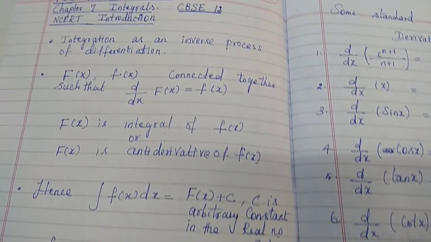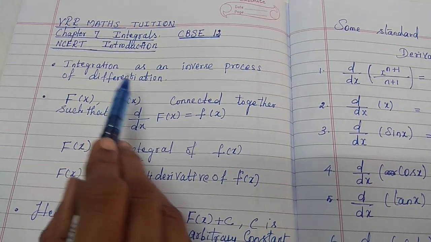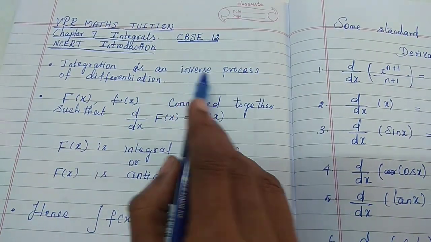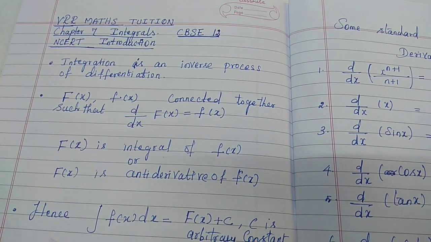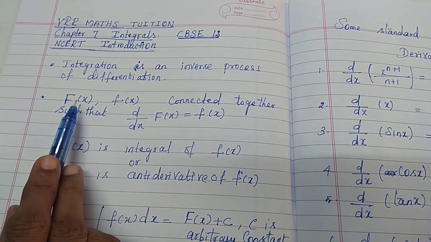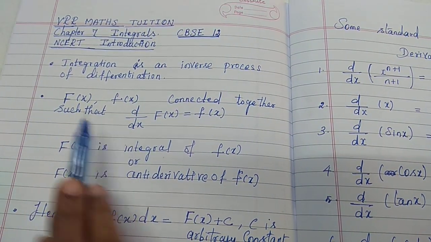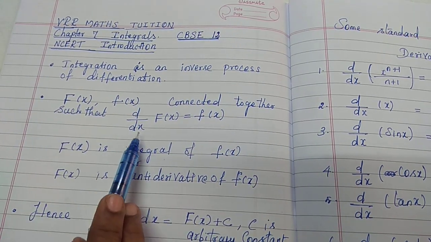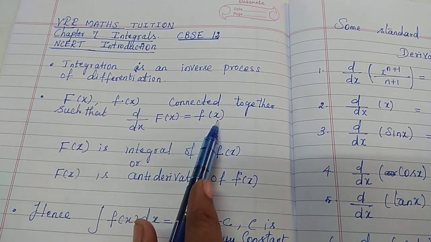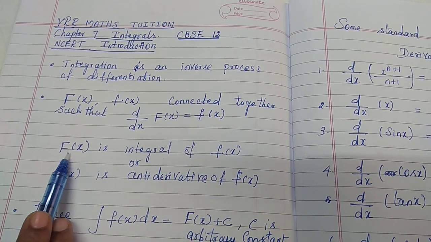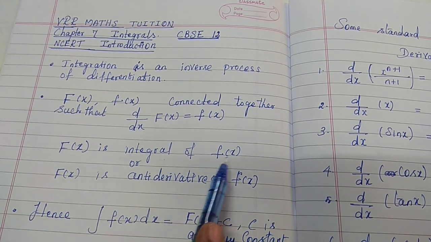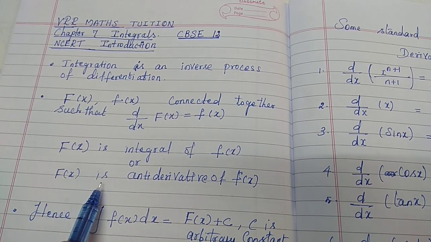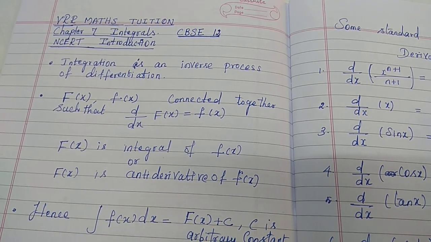So recall the introduction one more time. Integration is an inverse process of differentiation. Suppose we take two functions capital F of x and small f of x connected together such that d by dx of capital F of x is equal to small f of x. The capital F of x is the integral of small f of x, or the capital F of x is the antiderivative of small f of x.